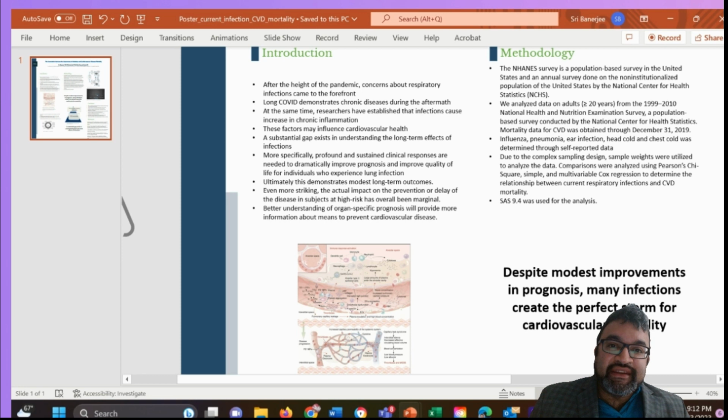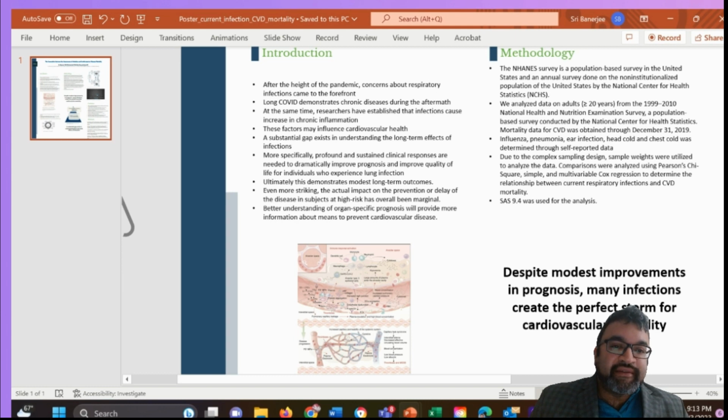So the idea is to follow the individuals to the mortality endpoint, the mortality outcome. There's overall mortality and then disease-specific mortality. This is cardiovascular disease mortality that we looked at, according to the ICD-9 codes.